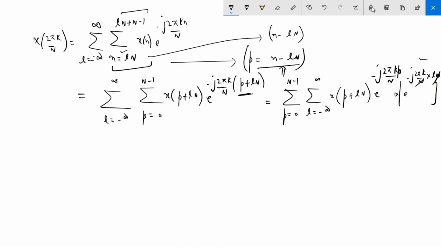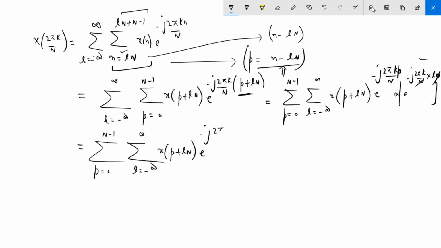Okay, so as a result, you will get only the summation of p from 0 to n minus 1, summation of l from minus to plus infinity, x of p plus ln e raised to power minus j 2 pi k p by n.